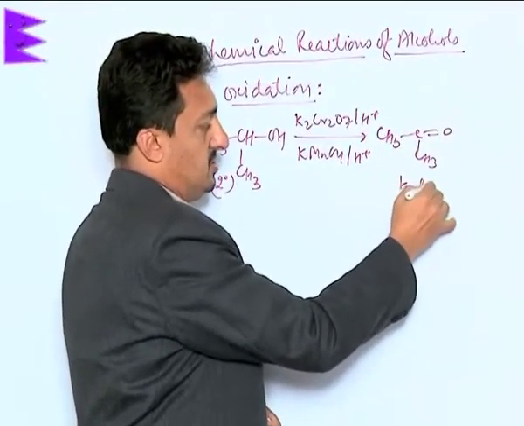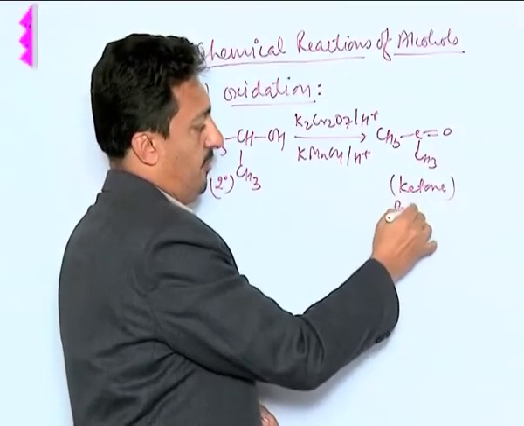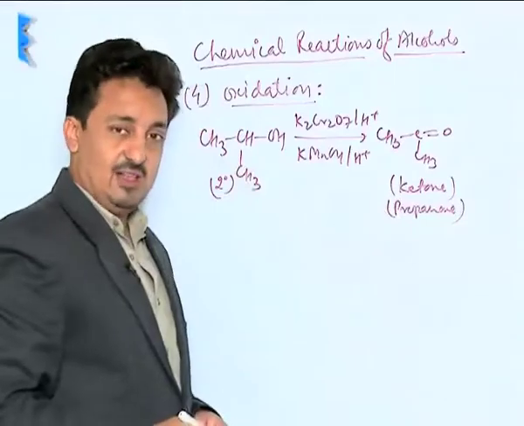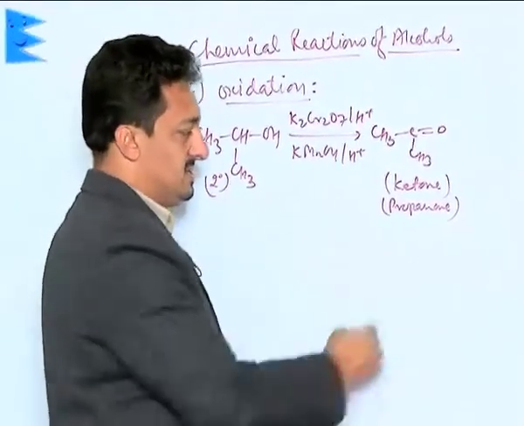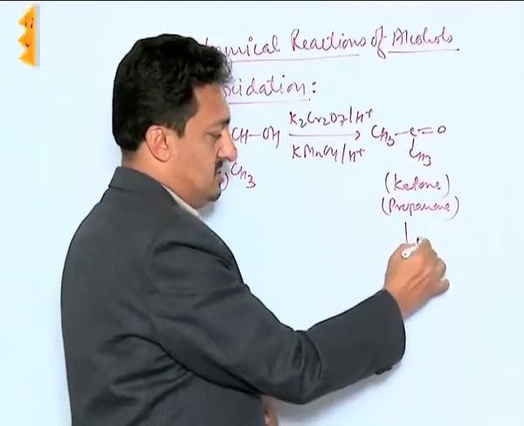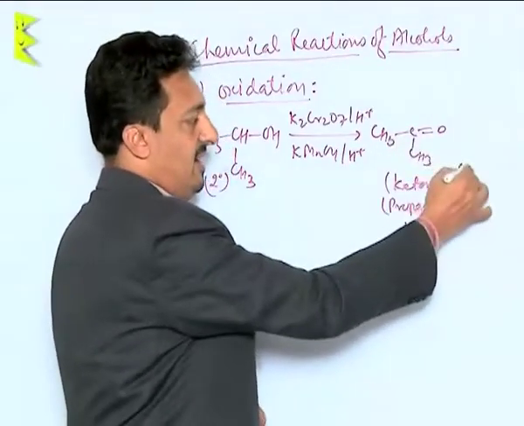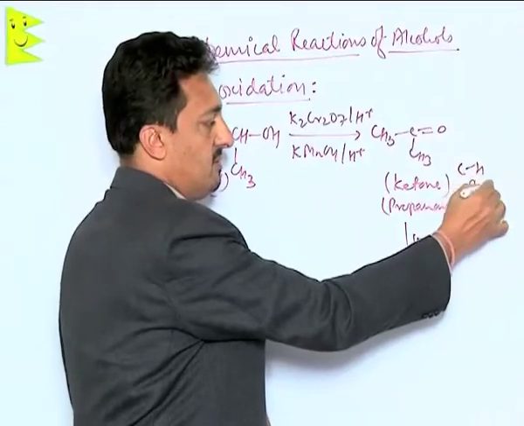So we get ketone or a propanone out of this isopropyl alcohol. Now its further oxidation in the same medium is a little bit difficult. The reason is it doesn't have any CH bond.